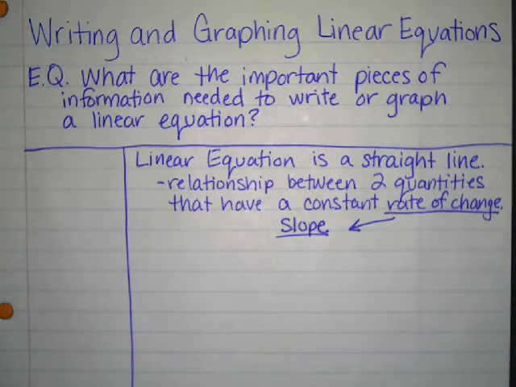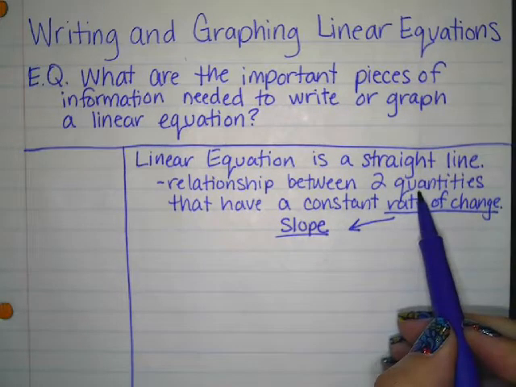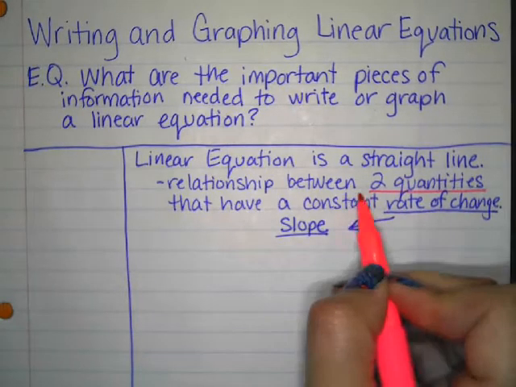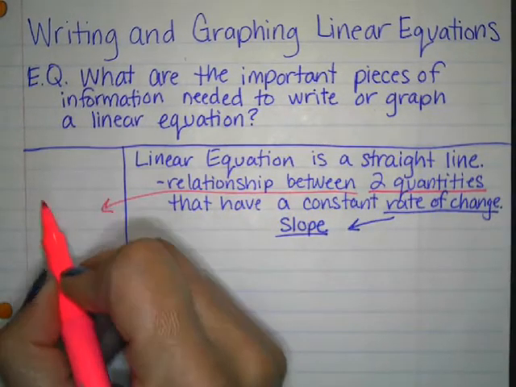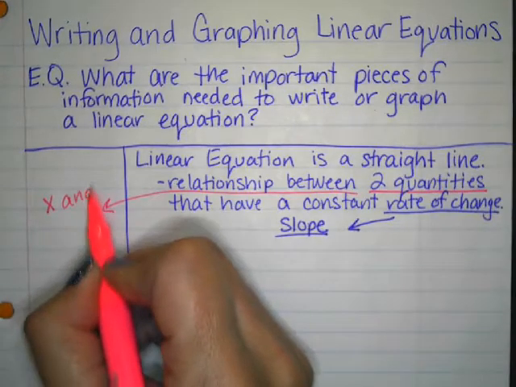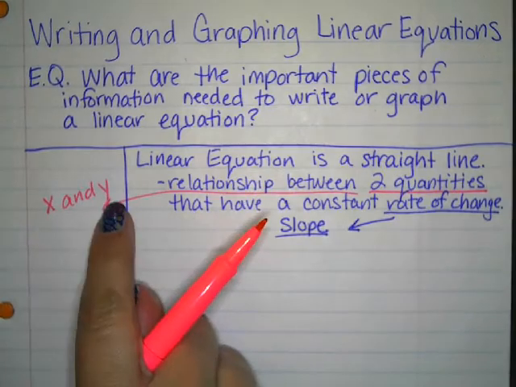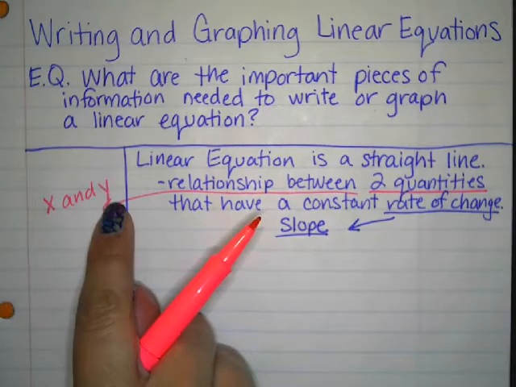Okay, so when we're using equations today to talk about the relationship between two quantities, our two quantities that we are talking about, let's draw a little arrow over here, are our x and our y. Okay, so something is being done to x to give us our y value. That's the relationship happening.